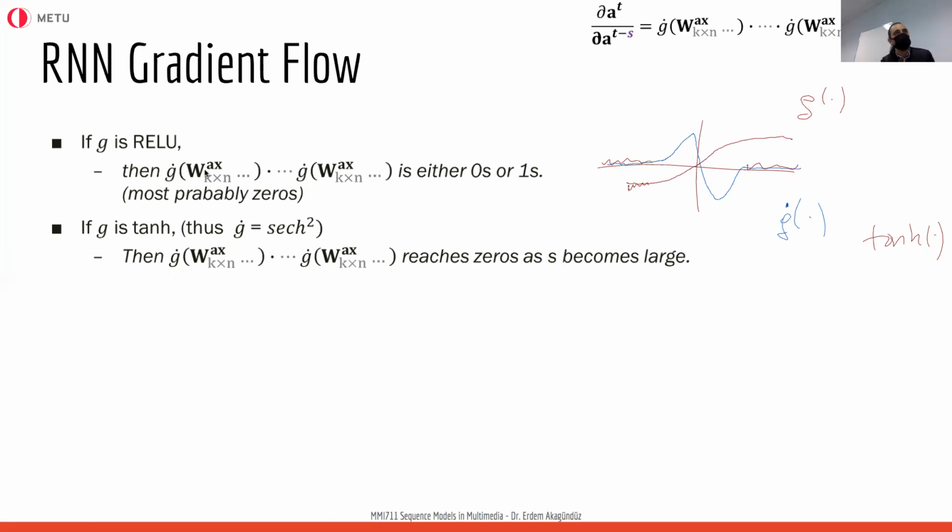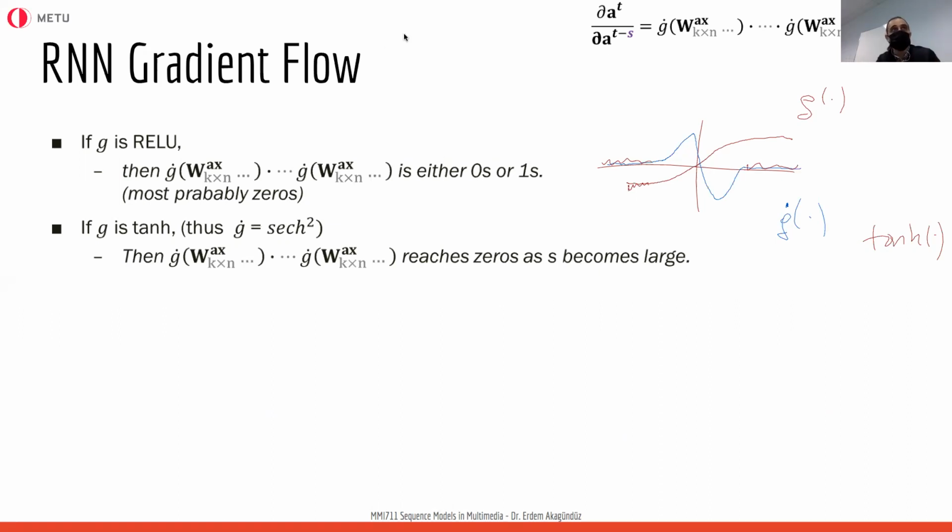If this one is not 0 in the other pass, but if it is 0, it's going to be 0 in any case. I'm applying the full backpropagation as many times as the sequence length. If any of them had a 0 gradient, it would die. One of them only. So it reaches 0 because the probability of this multiplication being 0 gets larger and larger as the sequence length is larger.